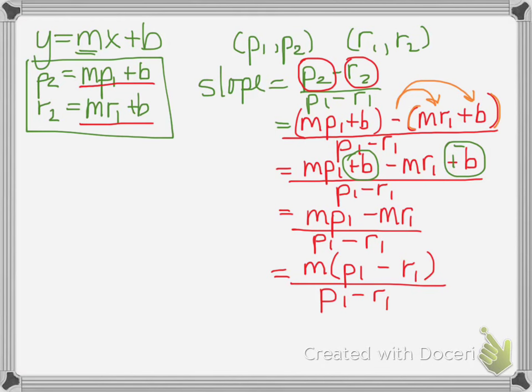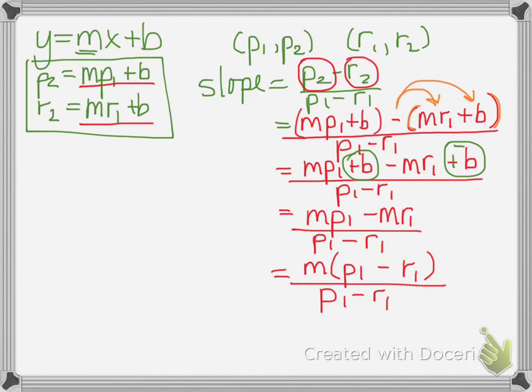So let's look at that to make sure. So we went from this step here to this step here. So notice if I take m and I multiply by P1, I get this term back. And if I take m and multiply it by R1, I get this term back, and it's a subtraction, so the subtraction's there. So this works here.